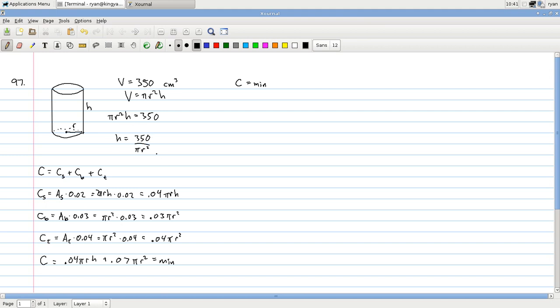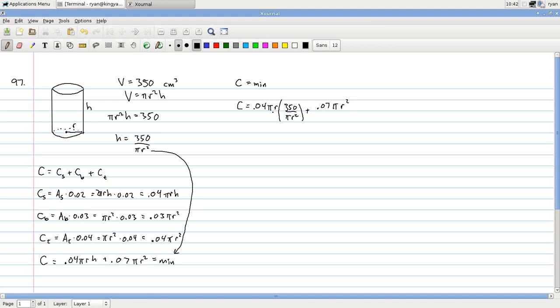Let's take this value for h and plug it in to the working equation we have so far. This says that the cost is 0.04 pi r h, and h is 350 over pi r squared, plus, now the second term has no h's, so there's nothing to substitute in here. We'll just copy that down, 0.07 pi r squared.